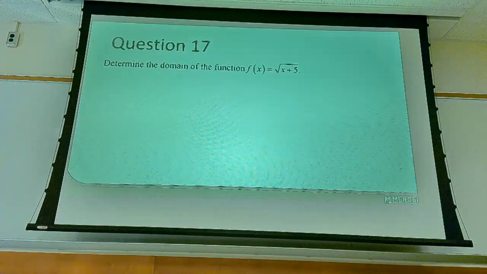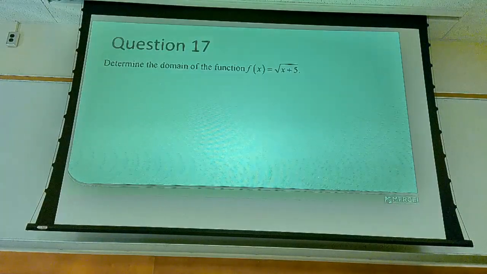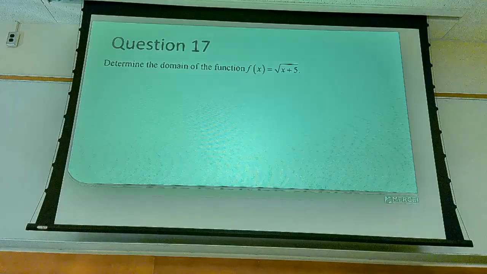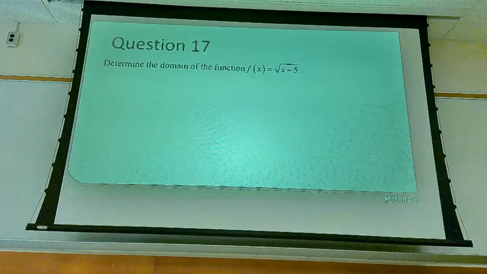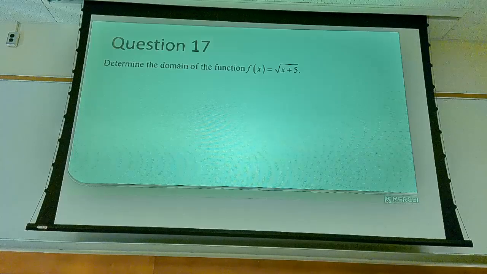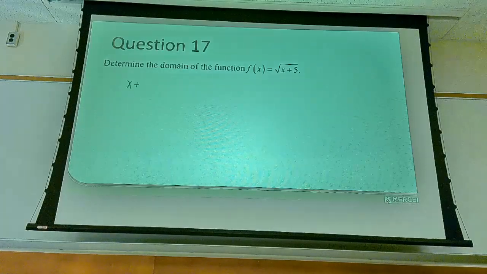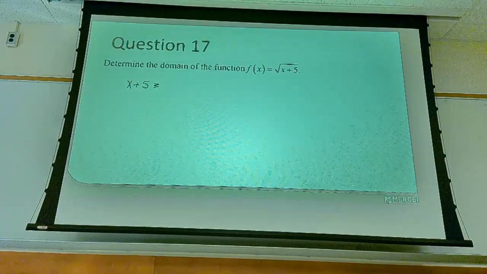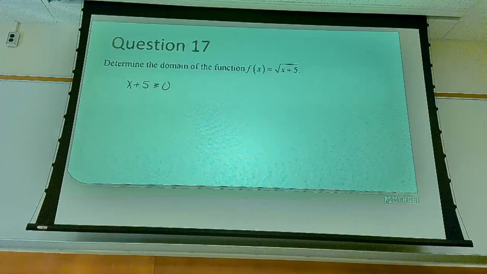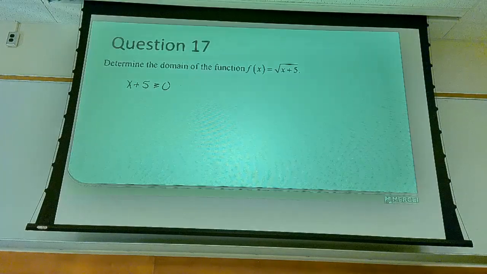That means what's inside the radical has to be non-negative. Right, x plus 5 is greater than or equal to 0. Linear inequality, right, real easy to solve.